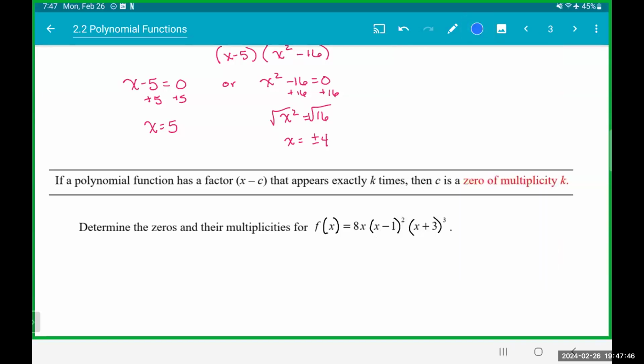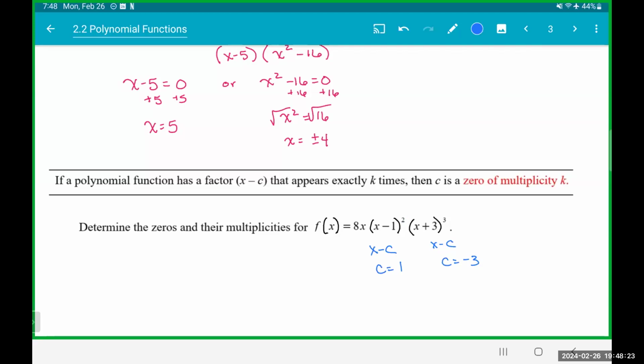This one is x minus c, where c equals -3. So when I have this x minus c with some k up here, that tells me my multiplicity.